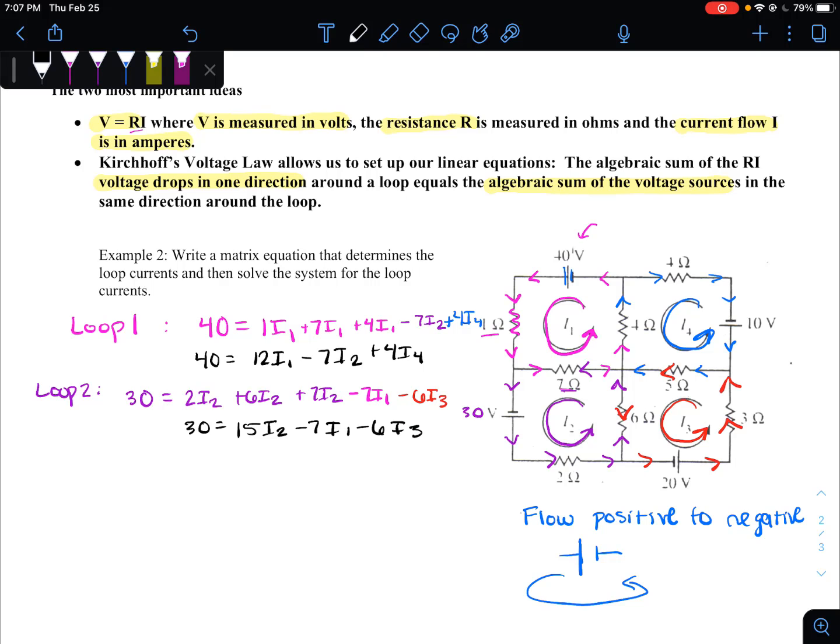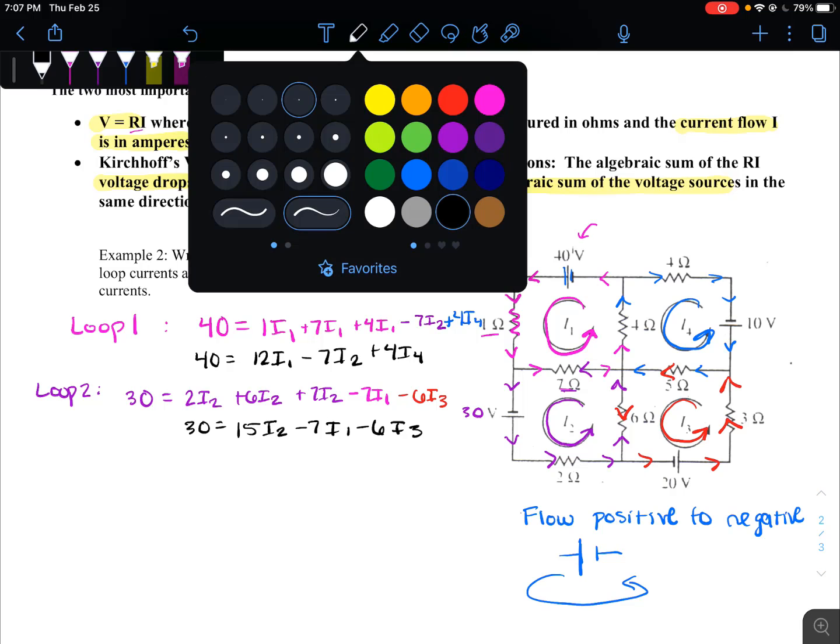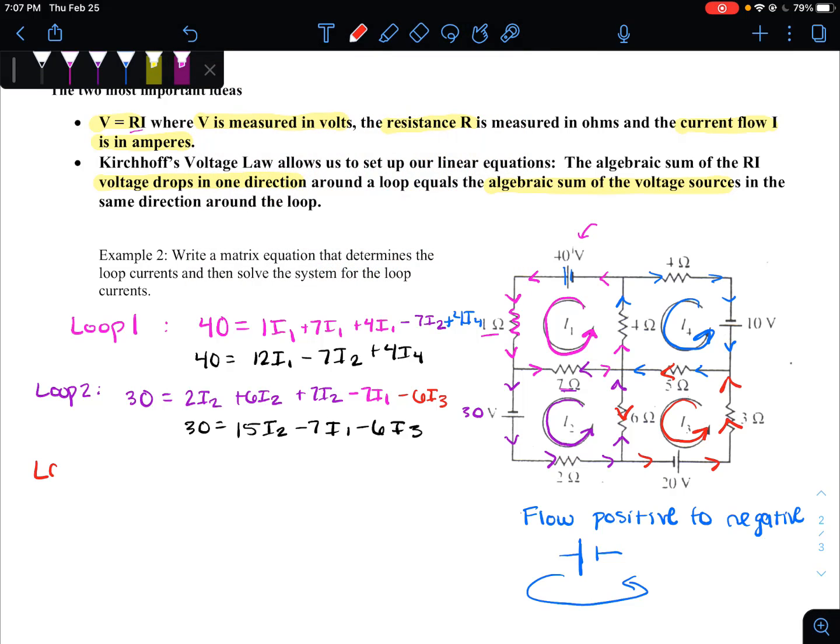Okay, keep going. I'll go back to using red. Loop 3, my source is 20 in this case. I've got 3 I3 plus 5 I3 plus 6 I3. And then it interacts with I4 and I2.